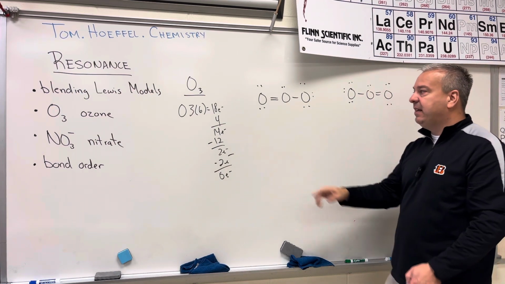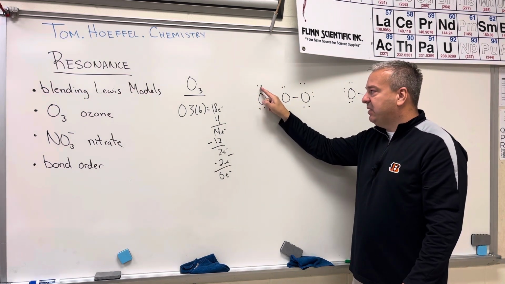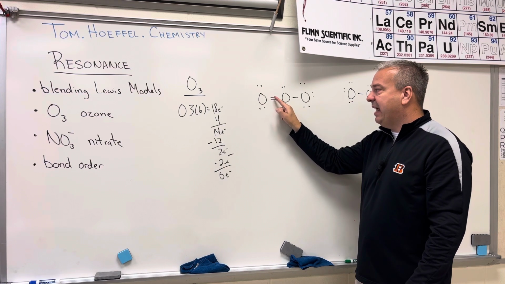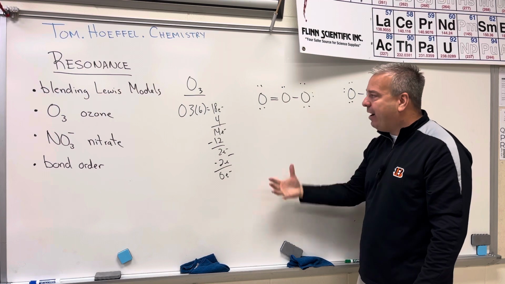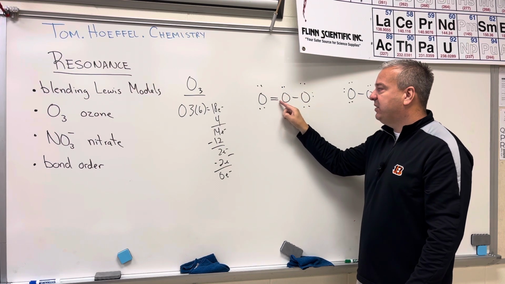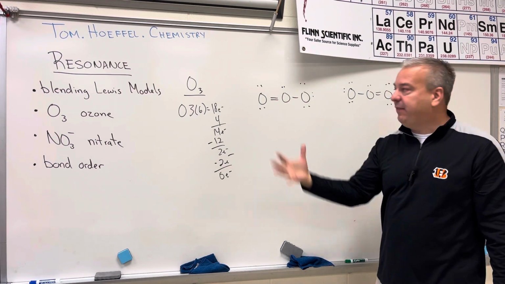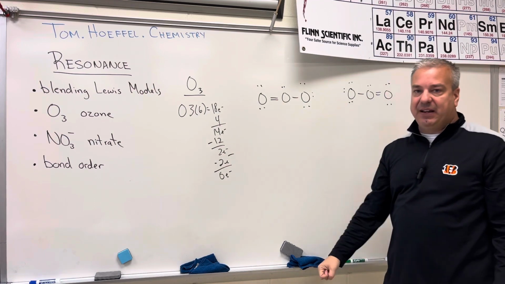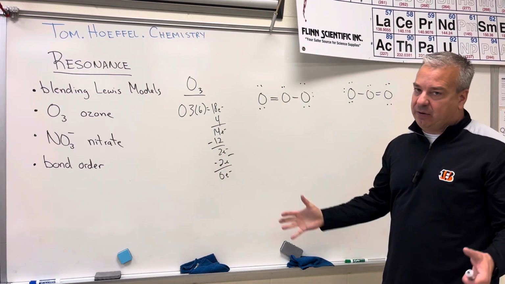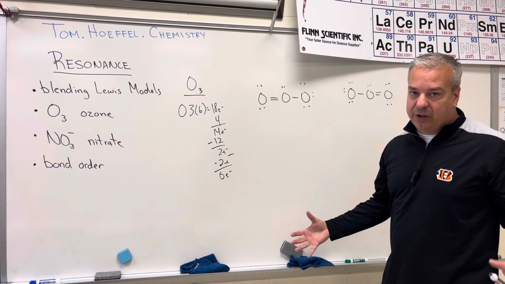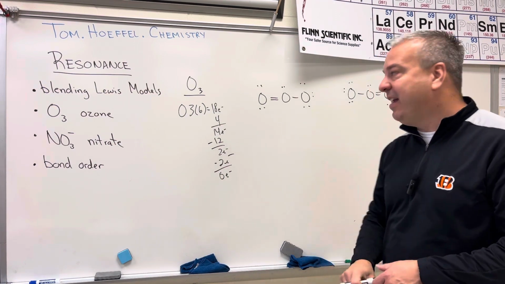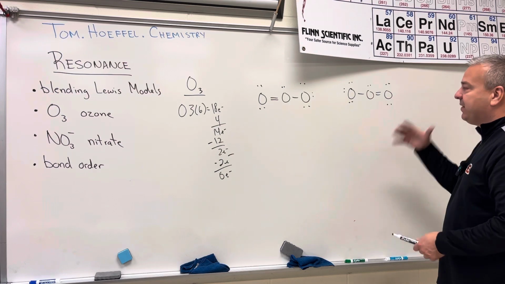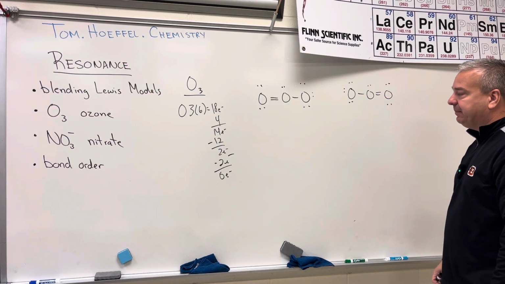As you can see, the non-central atoms still have 2, 4, 6, 8, and my central atom now has 2, 4, 6, 8. Whenever you have all your elements having 8 valence electrons, that's a great thing. That's when the octet rule is fulfilled. I have this saying: 8 is great, like chocolate cake. So we want to have that happen, and we do the same thing on the other side.